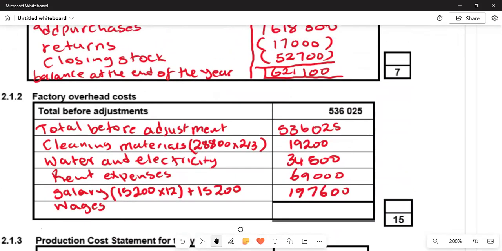We were told that our cleaning staff are 3, and they are going to get 975 per week, which is paid for the whole year.